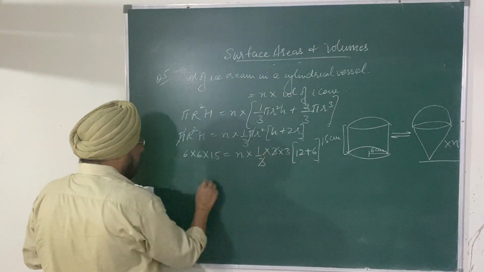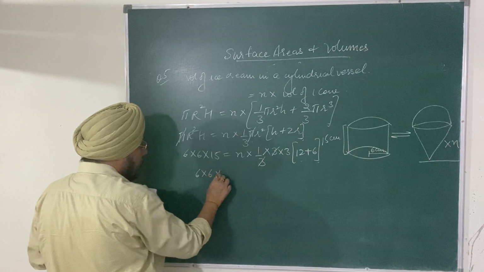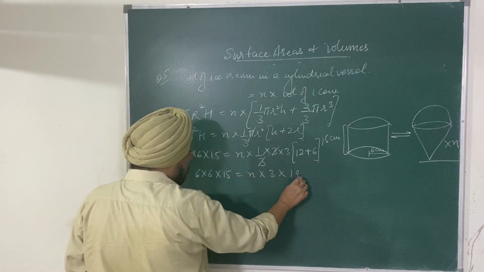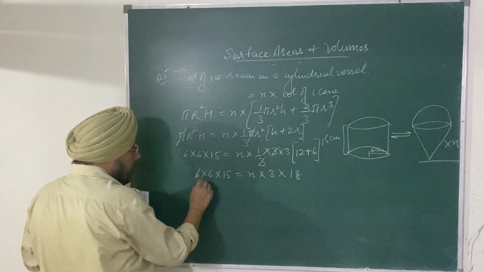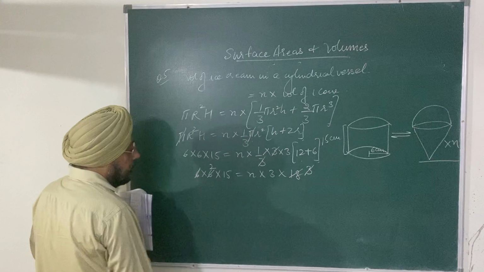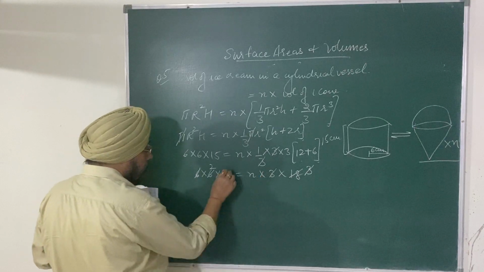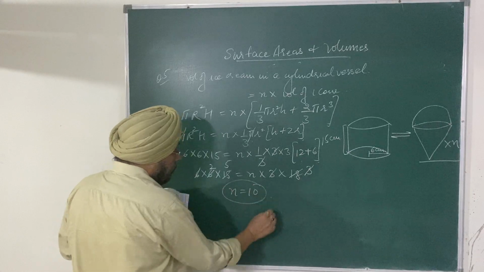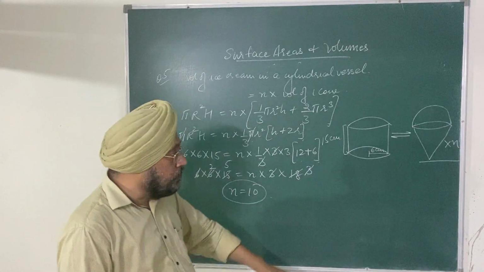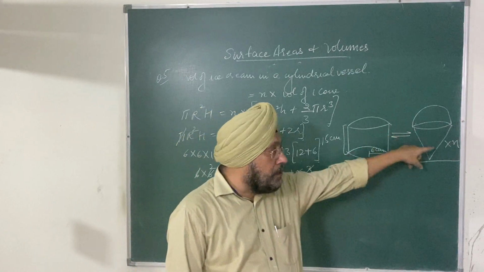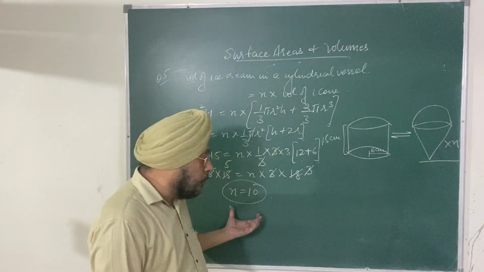Now cancel this 3. This is 6 multiplied by 6 multiplied by 15. This is n multiplied by 3 multiplied by 18. So we can cancel this. 6 3s are 18. This 3 cancels with the 6. This 3 can be cancelled with 15. So we get n is equal to 10. It means the number of cones to which this amount of ice cream from the cylindrical vessel has been transferred is equal to 10.